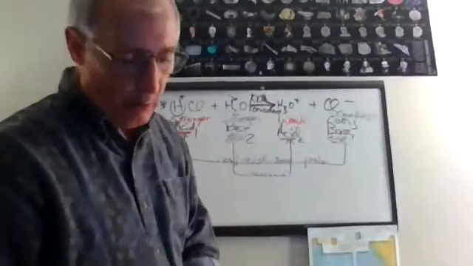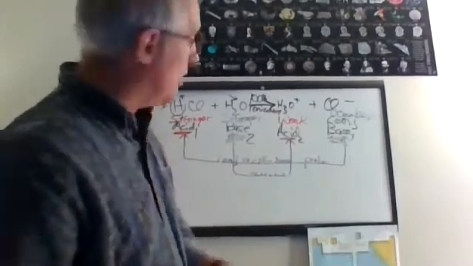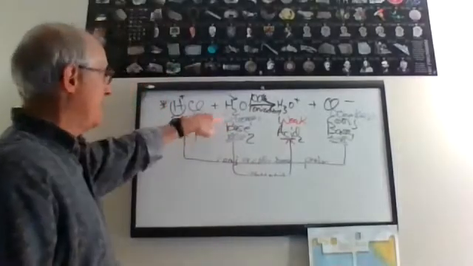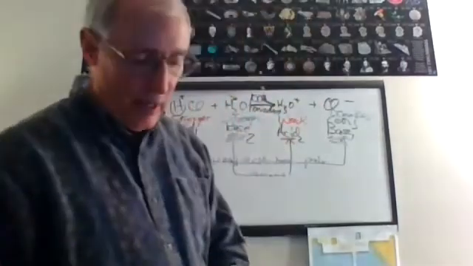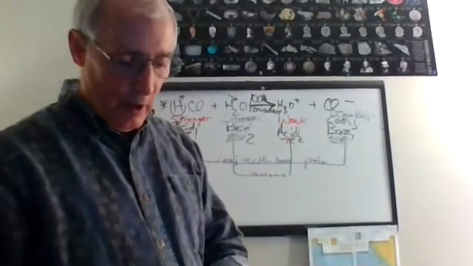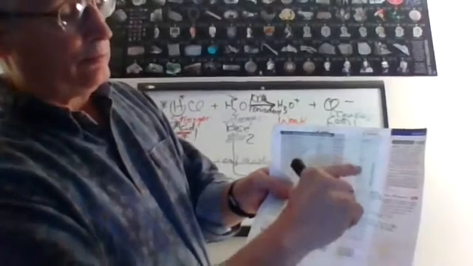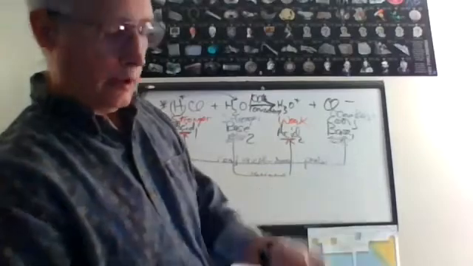So it is a weak base and a weak acid, but when you put it up against a strong acid, it acts like a base. When you put it up against a base that is stronger than it is, it's going to act like an acid.